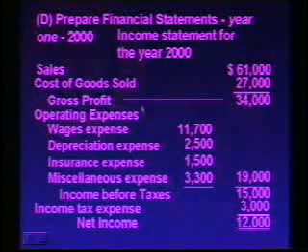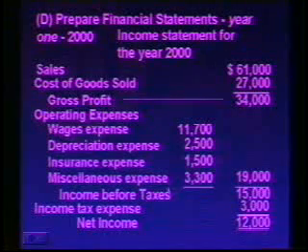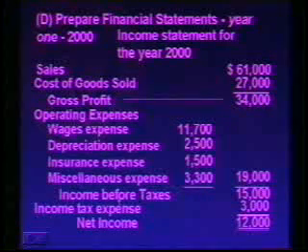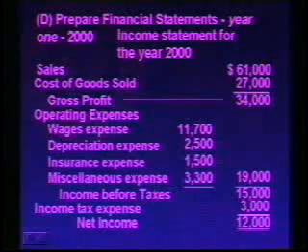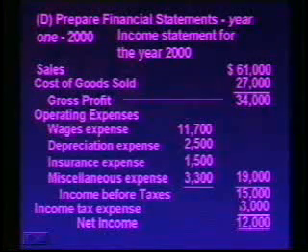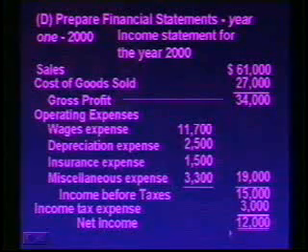And then after we get gross profit, we then subtract out all of our operating expenses. In this case, wages, depreciation, and so on. And it comes down to a thing called income before taxes, or sometimes called earnings before taxes, or EBT, which you're going to hear more of in this class. It's a very important demarcation line. So the earnings before taxes in this case are $15,000 less income tax expense of 3 gives us net income of 12. Right? Questions about that?